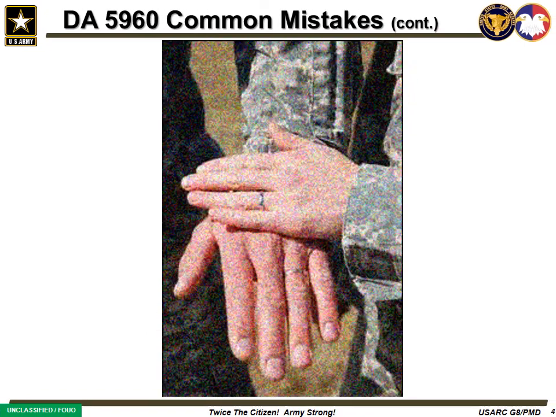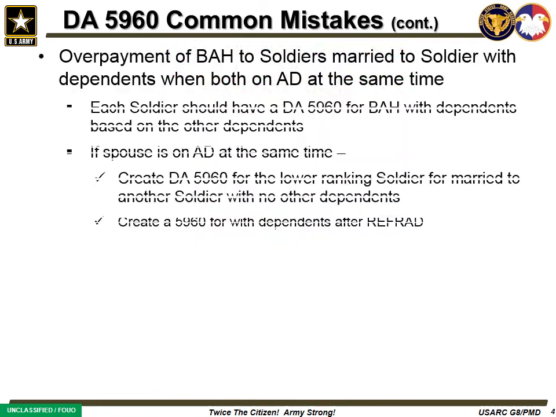Sixth mistake. While some marriages are indeed a mistake, the purpose of this slide is to discuss DA Form 5960s for soldiers married to another soldier. You must take extra care when processing BAH for a TPU soldier married to another TPU soldier if they have other dependents.